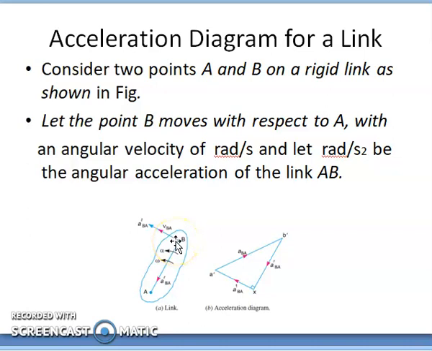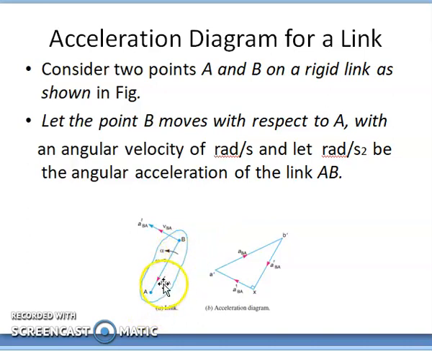If the point B moves with respect to A with an angular velocity of omega radians per second, and let alpha radians per second square be the angular acceleration of the link AB, then you can see that the tangential acceleration is perpendicular to the link, whereas the radial part of the acceleration will act along the link and it will be directed towards the center.